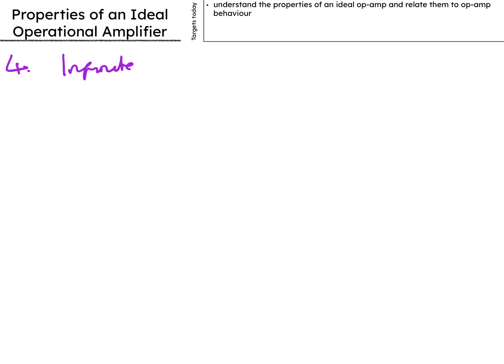Property number 4, infinite bandwidth. Bandwidth. It's got many meanings. This is an annoying fact of life, so try to ignore what you think you know about bandwidth and learn this new meaning. Op-amps have gain. I mentioned that a real one is usually about 10,000 open loop gain.